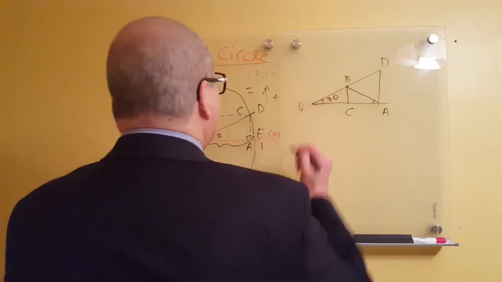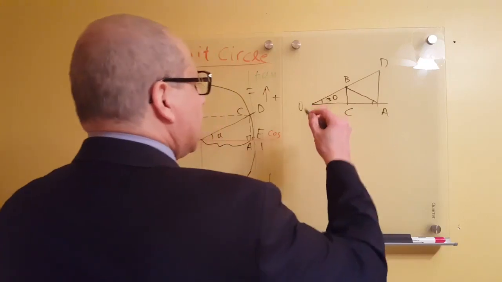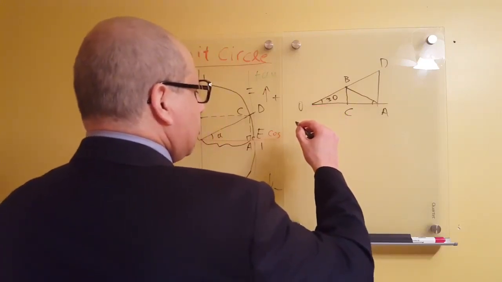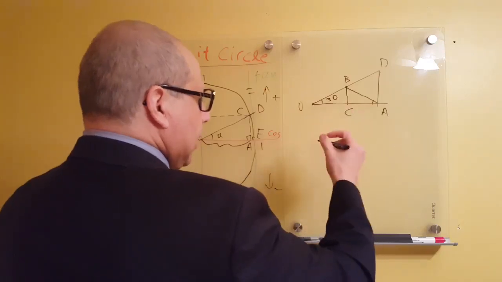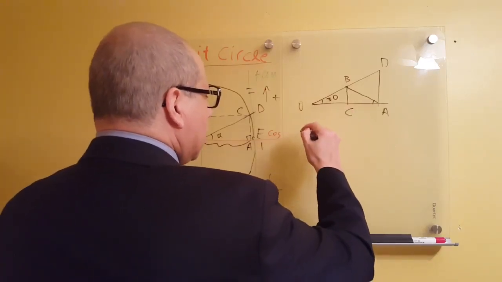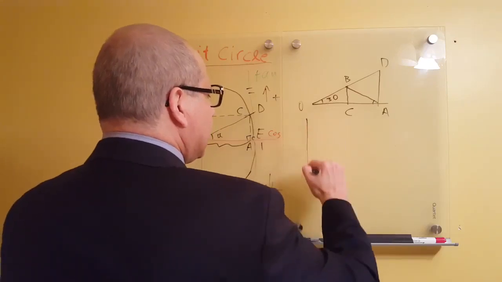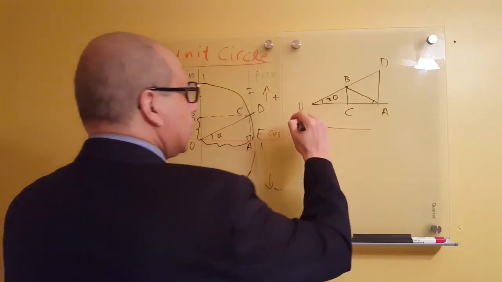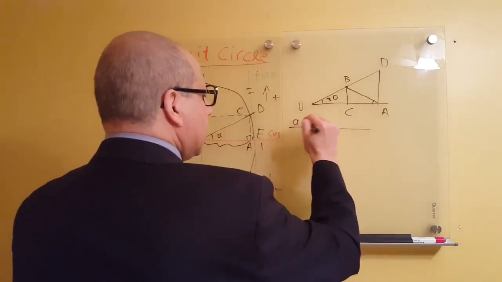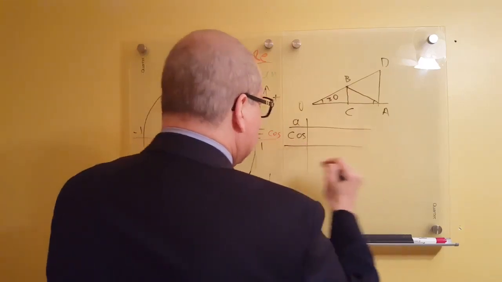Okay, so now let's try to find the cos and sine of the most important angles. Let's put them in a table: here is the angle A, here is the cos, and here is the sine.